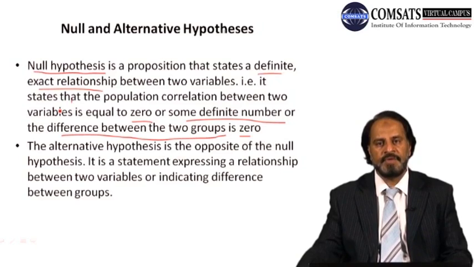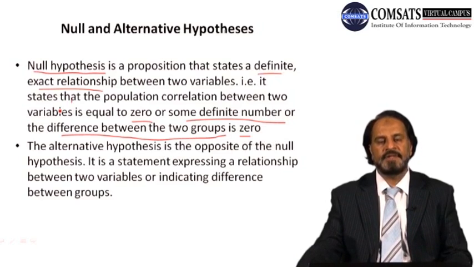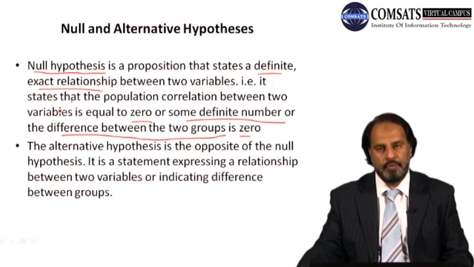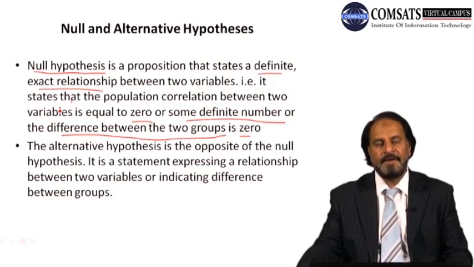There is no relationship, meaning the link between these two variables is equal to 0. When we say something like that, we are giving a definite number, we're saying it's equal to 0. When we say equal to 0, it means there's no relationship.